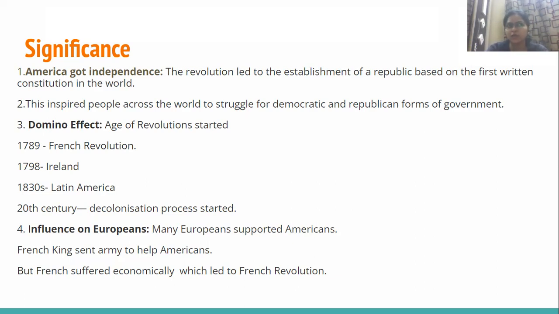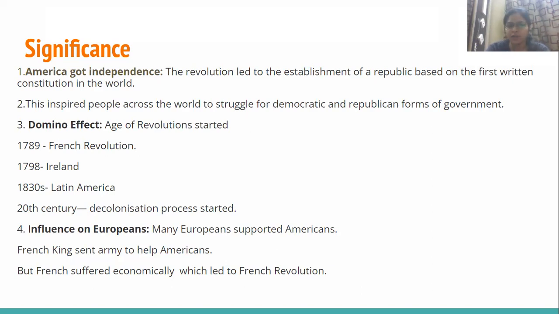Next, what was the impact of this revolution on Europeans? Okay, so we saw that many Europeans supported Americans, right? We saw that France supported America, that is, the French king sent an army to help Americans. But though the French helped Americans, because of this war, it resulted in an excessive burden on the French treasury, and France suffered economically, and that was one of the main causes for the French Revolution.